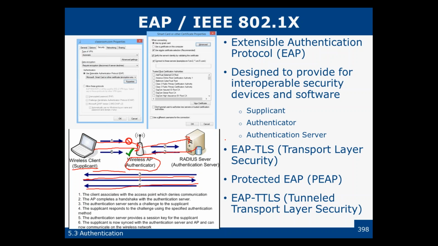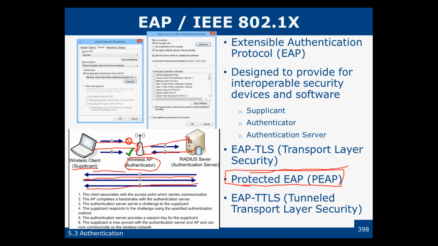EAP-TLS is similar to PEAP, and PEAP is right here, Protected Extensible Authentication Protocol. The protection is that it's set up with certificates, and we have a certificate on the server that has to be on the client, so the server authenticates to the client.